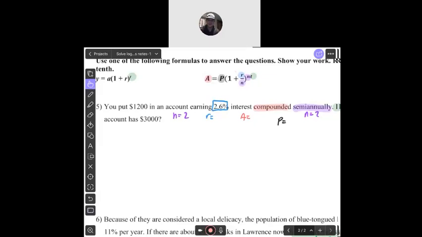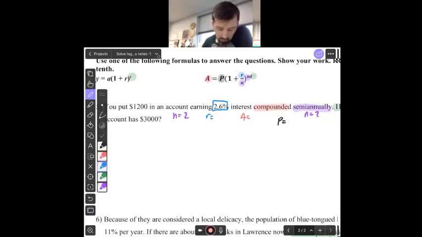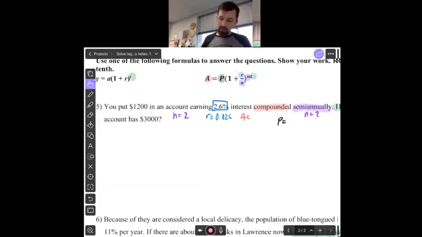No, you're going to get ahead of yourself. Yeah, there you go, Kyla. We need to change it to a decimal. 2.6% as a decimal is 0.026, or 2.6 out of 100. 0.026. And we have a and p.